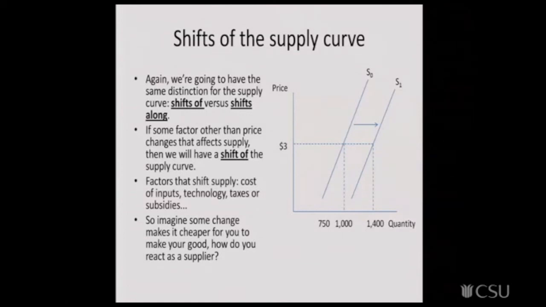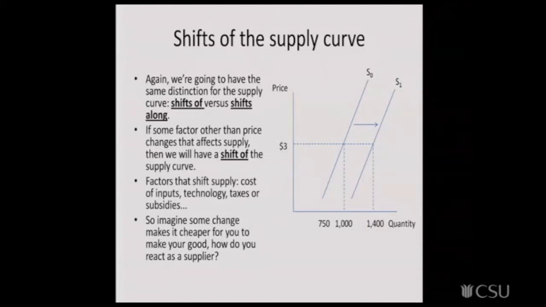But as soon as something else changes, like maybe the metal to go into the widgets to make them, if that changes, then that's going to affect the entire supply curve, because that's going to change the whole decision making around your decision to supply, because the metal's now cheaper. So you could make more of it at the same cost and sell more if you're thinking about yourself as a supplier. In that case, we're thinking of a shift of the supply curve.